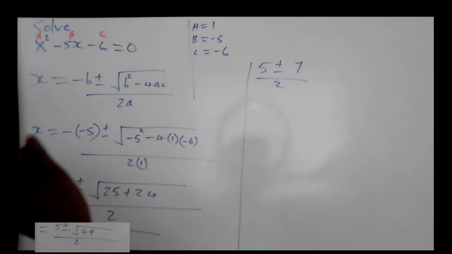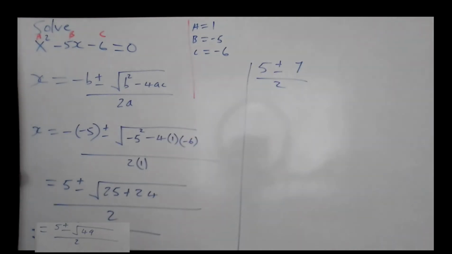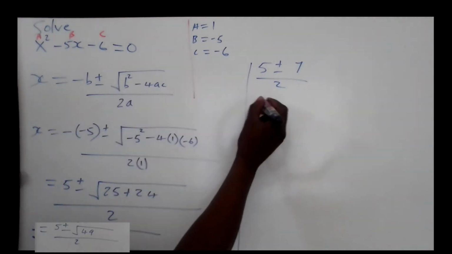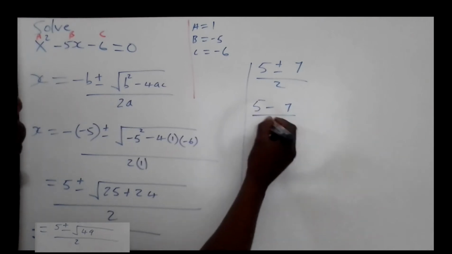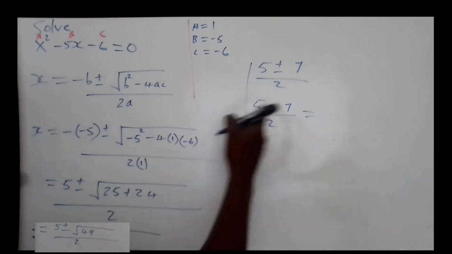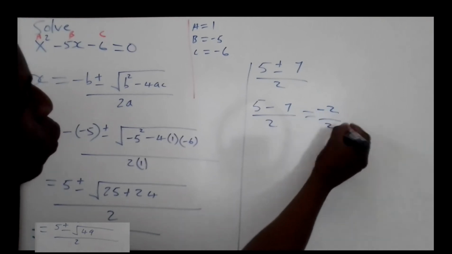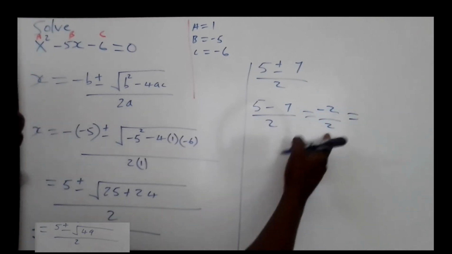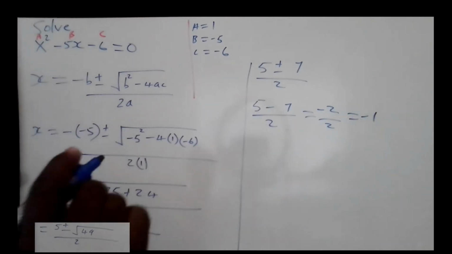So we remove the square root and write 7. Now 5 minus 7 over 2 equal 5 minus 7 give us negative 2 over 2 equal 2 into negative 2 give us negative 1. Right?